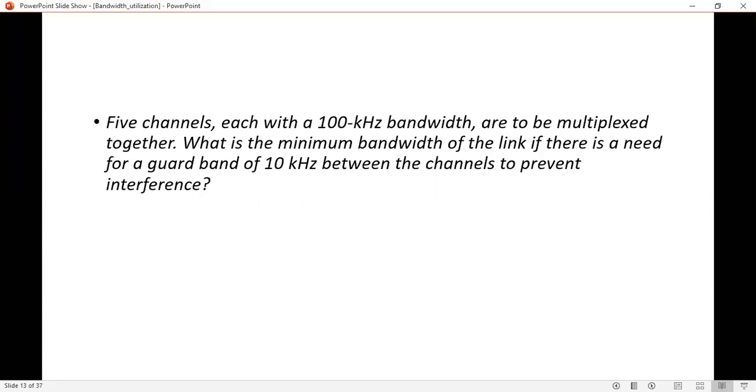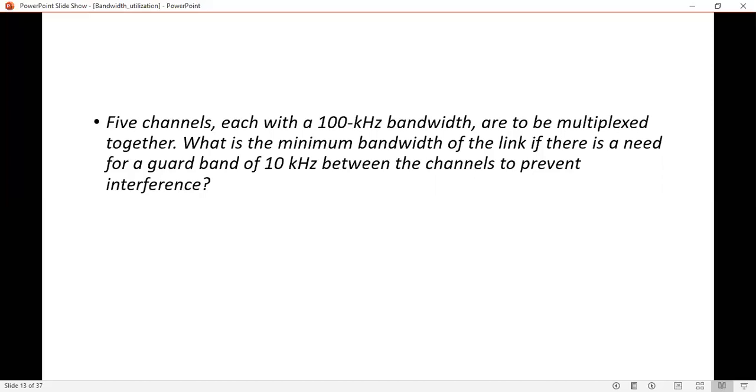So you need 5 into 100 kilohertz bandwidth. What is the minimum bandwidth of the link if there is a need for a guard band of 10 kilohertz between the channels to prevent interference?